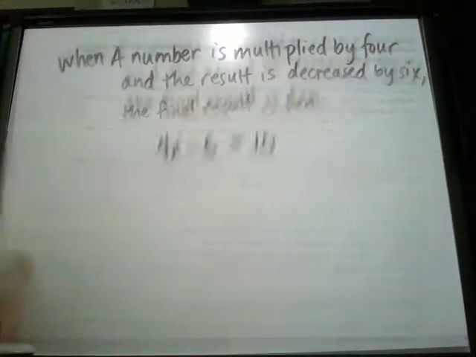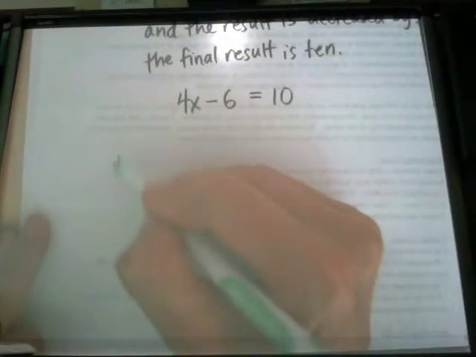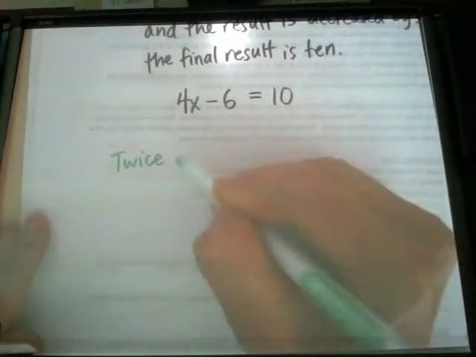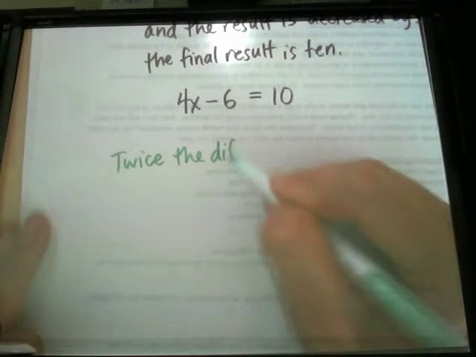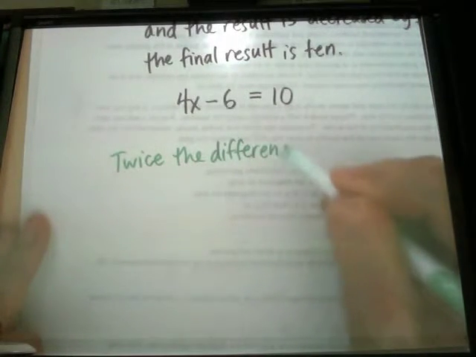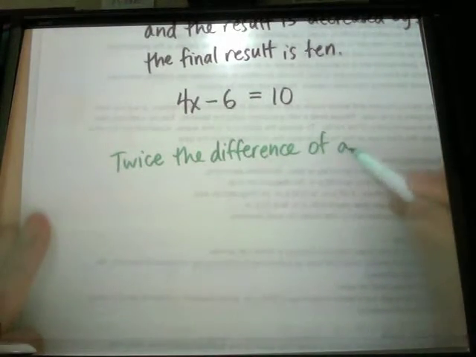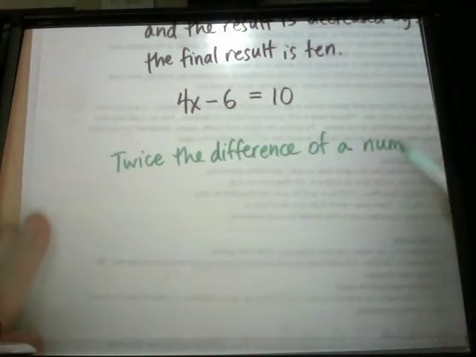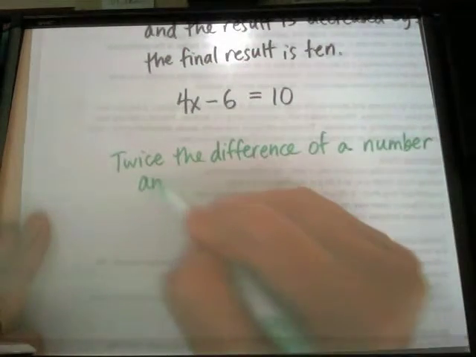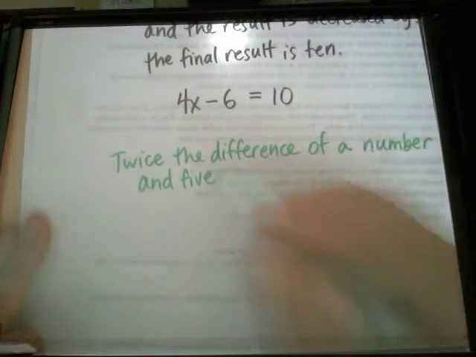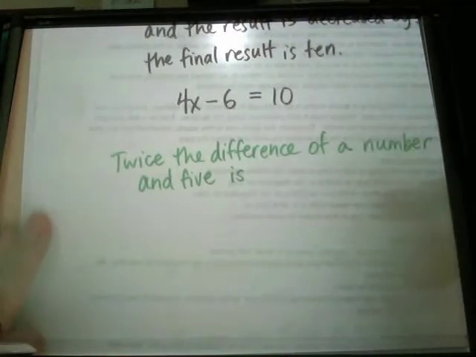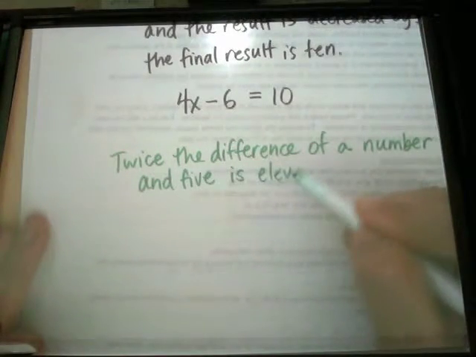Let's try one that's a little bit simpler. Twice the difference of a number and 5 is 11.